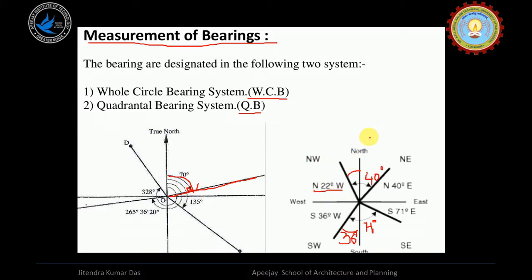So that was the quadrantal bearing system. The value lies between 0 to 90 degrees in the quadrantal bearing system, and in the whole circle bearing system, the angle value lies between 0 to 360 degrees.